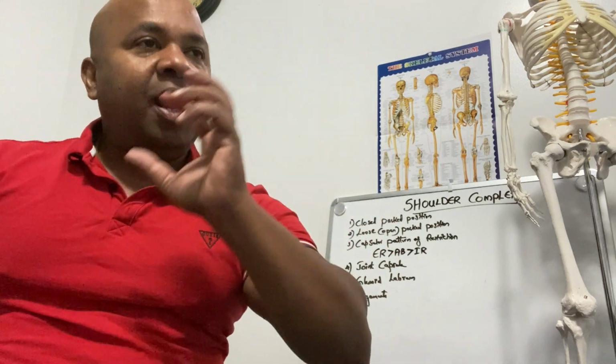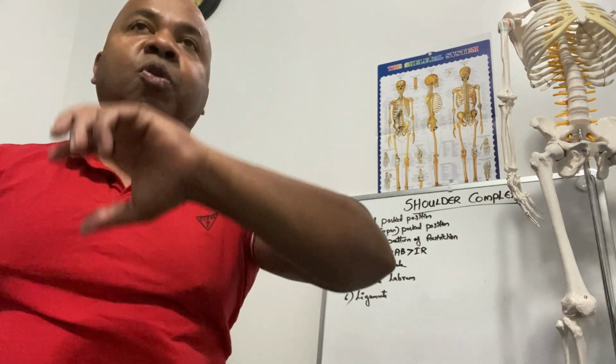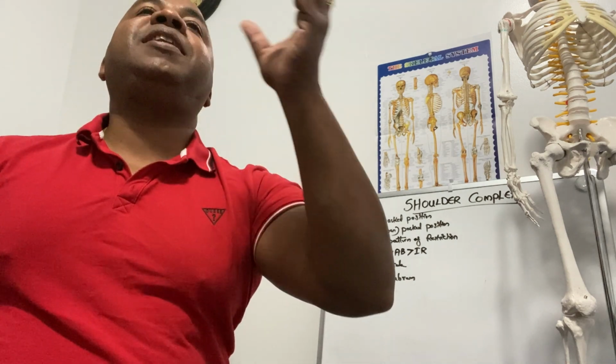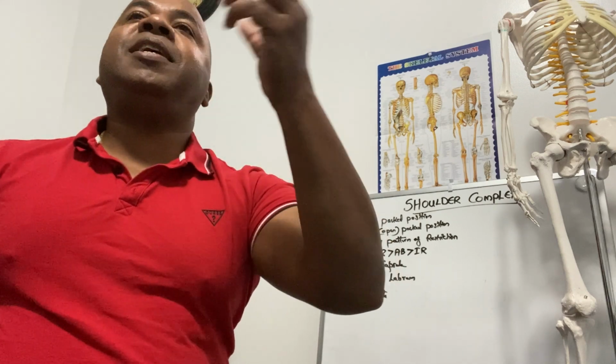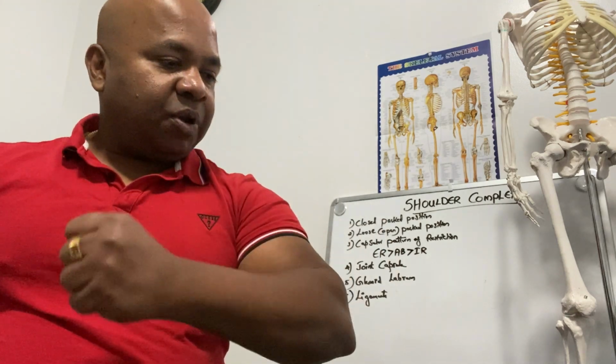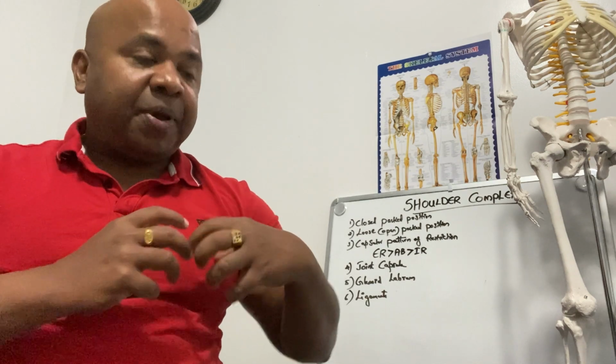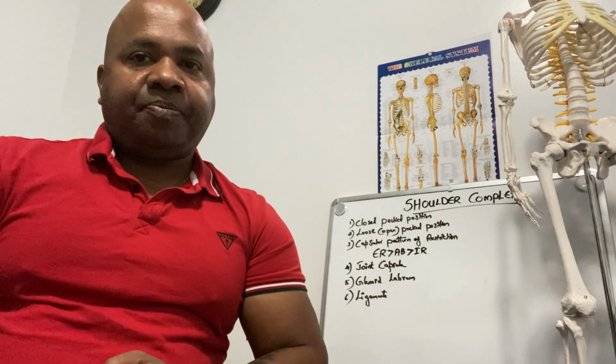The head of the humerus is rolling anteriorly. During external rotation, the head of the humerus is rolling anteriorly, and over external rotation is prevented by the tightness of the middle glenohumeral ligament.